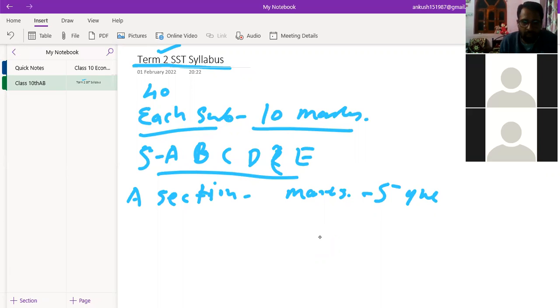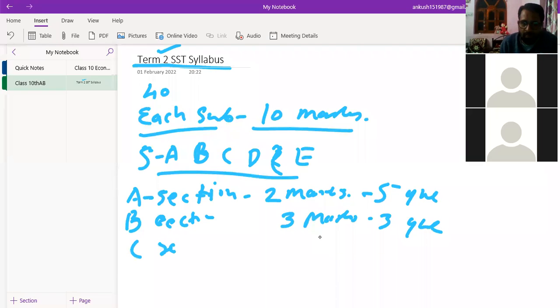Then section B will include questions from question number 6 to 8. In total there would be 3 questions, and they would be of 3 marks each. Okay, 3 questions.